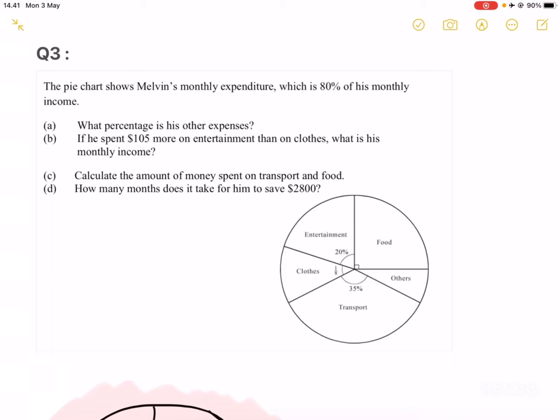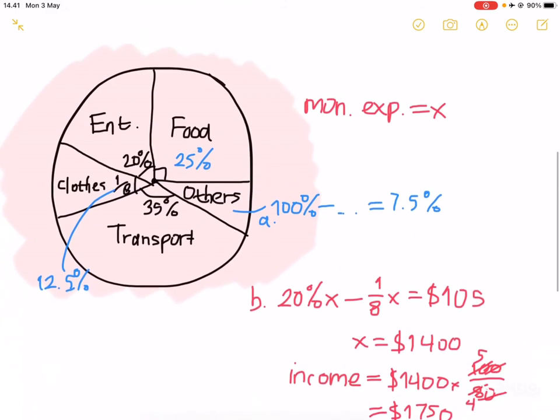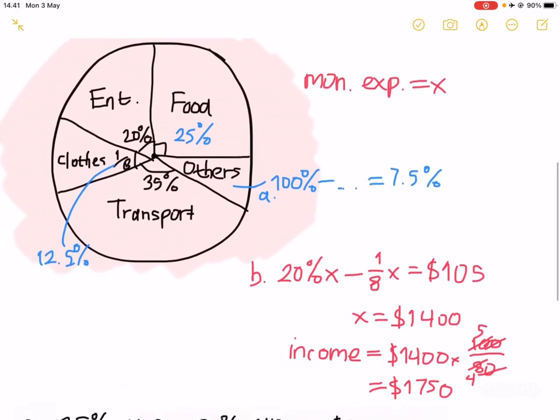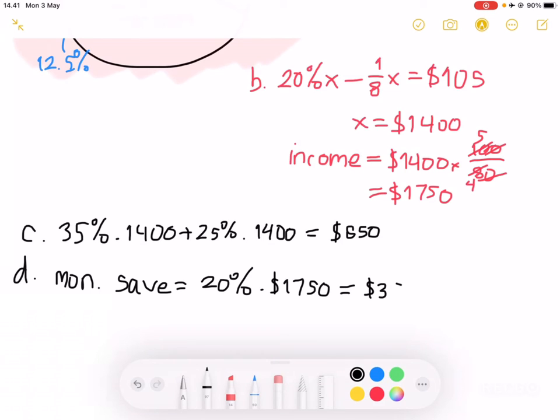So if he spends 80% and his income is 100%, that means he saves 20% of his monthly income. So we can write his monthly saving as 20% of his total income, which is $1,750, which will be $350.